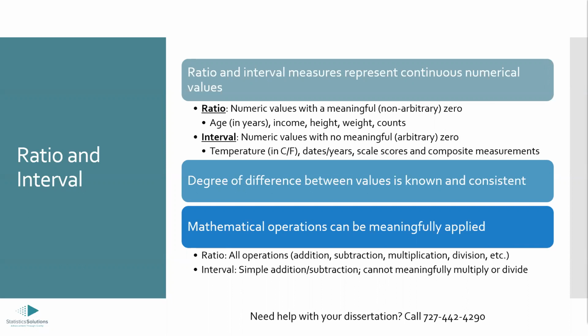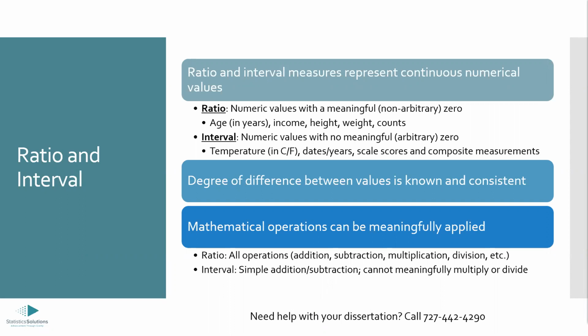And we know that someone who is 12 years old is exactly 1 year older than someone who is 11 years old, and so on. So the difference between those values is consistent, and it is known and quantifiable.